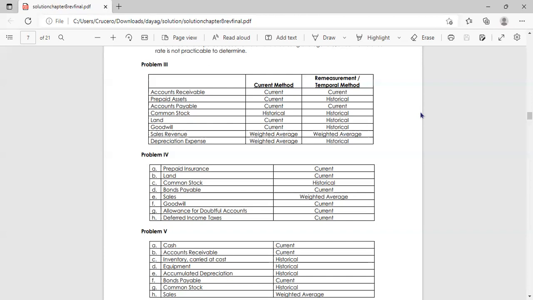Current liabilities, monetary, non-current liabilities, monetary, and then we have the total, and then we have the common stock and retained earnings and the total. The general price index and the exchange rates of peso to foreign currency are given.